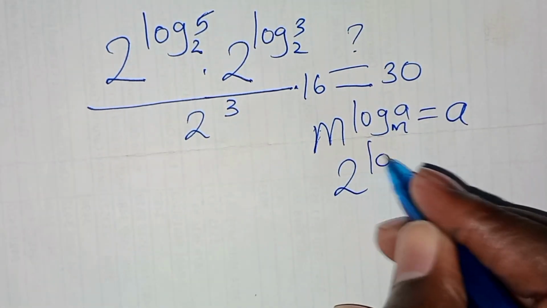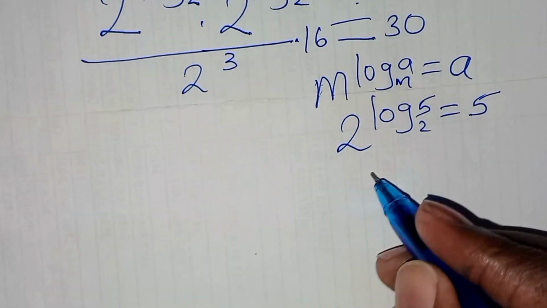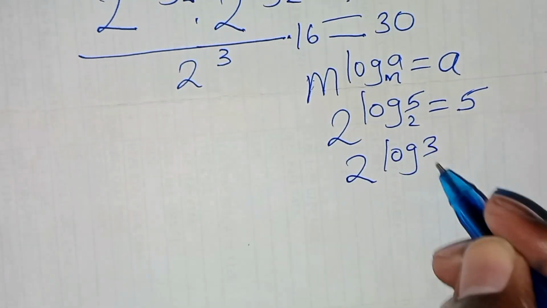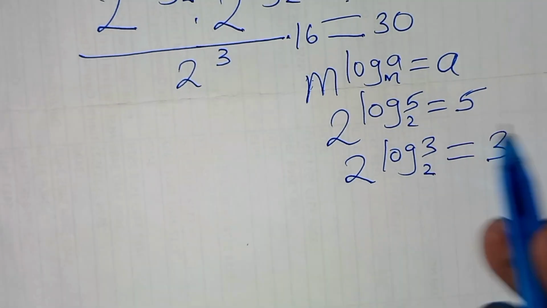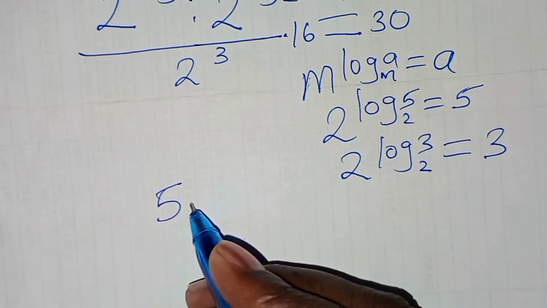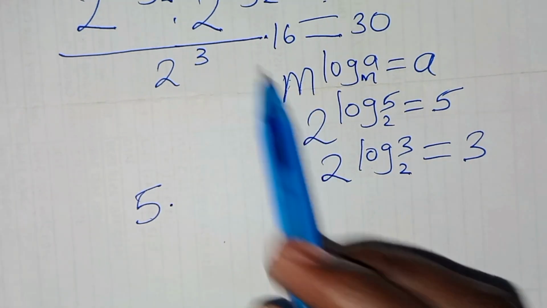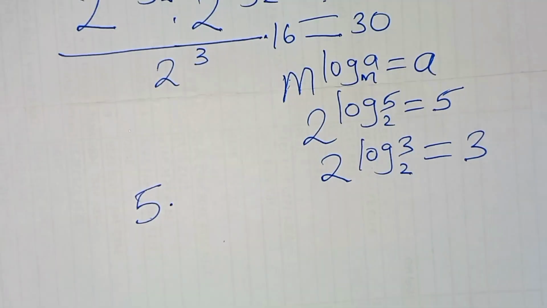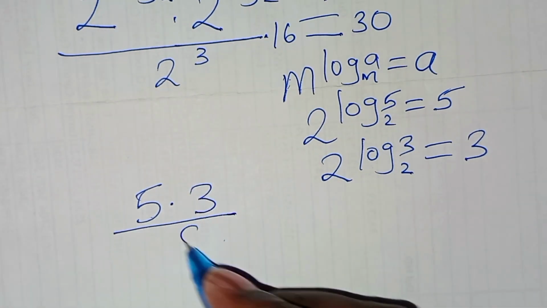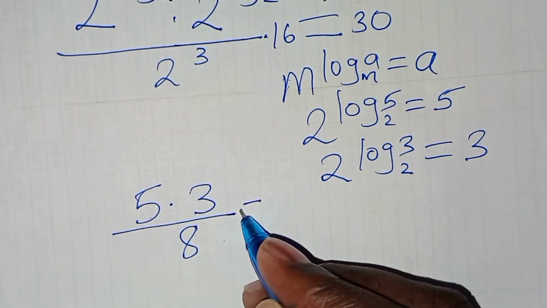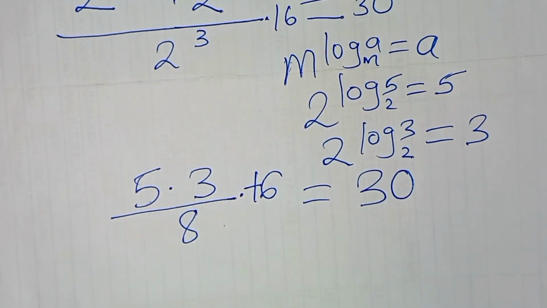So 2 to power log 5 to base 2 is equal to 5, and 2 to power log 3 to base 2 is equal to 3. Let's substitute this. So we have 5 times 3, divided by 2 to power 3, which is 8. This is multiplied by 16. This is supposed to give us a value of 30.